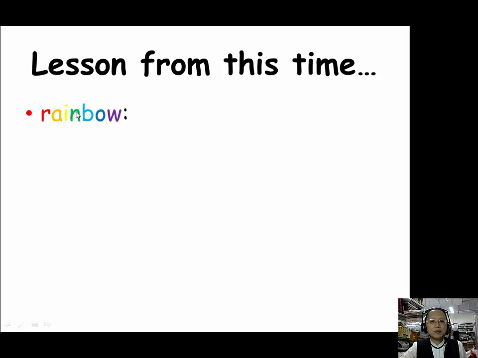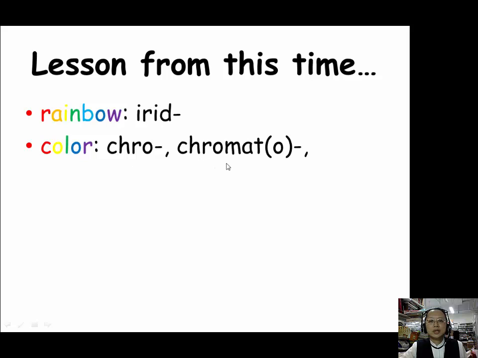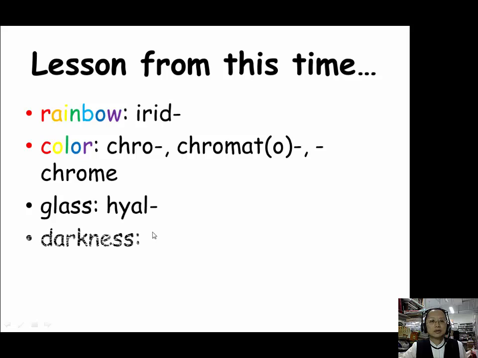To describe rainbow, we have one prefix, IRID. For describing color, we use CHRO, CHROMATO, and the suffix chrome, CHROME. To describe glass, we have HYAL.